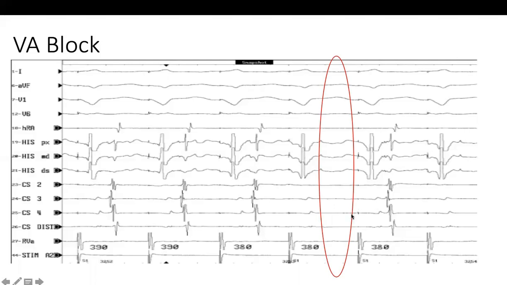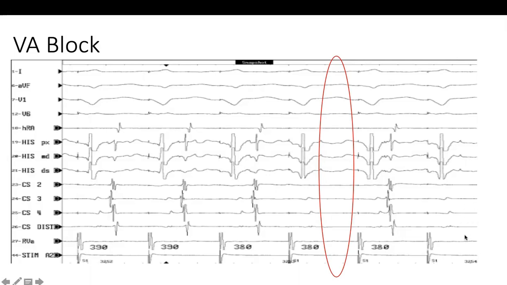Then with the next stimulus at the same interval, we see V and A, so the VA has recovered. So the AV node has recovered after this. And at the next stimulus, we have V and again no A.